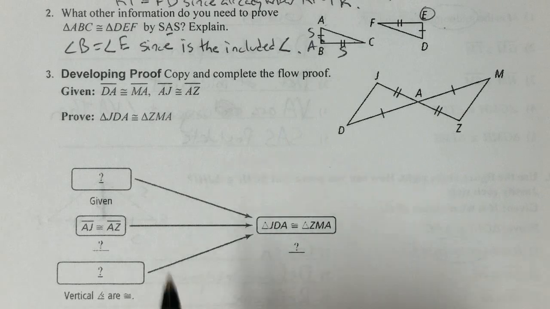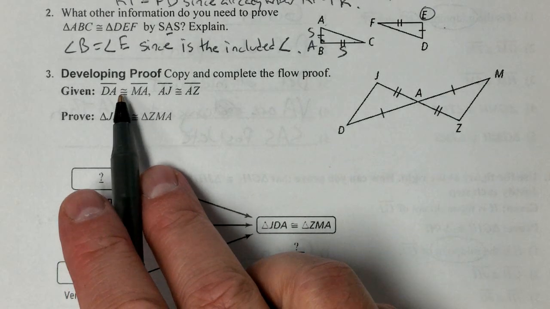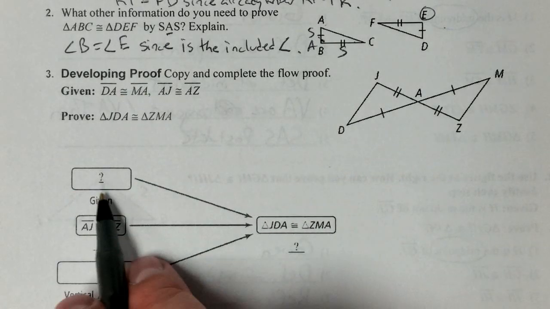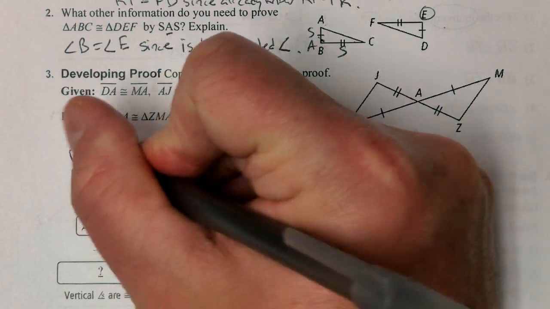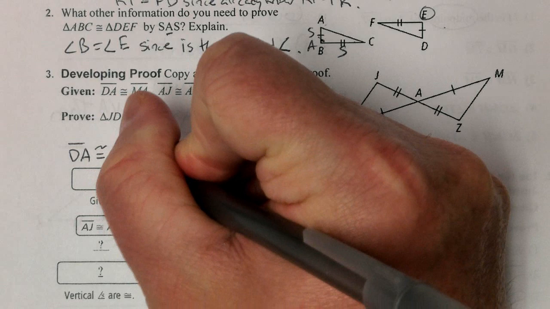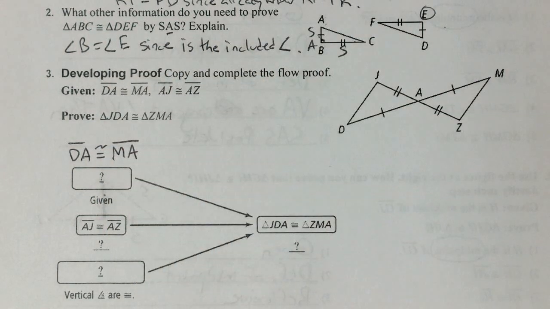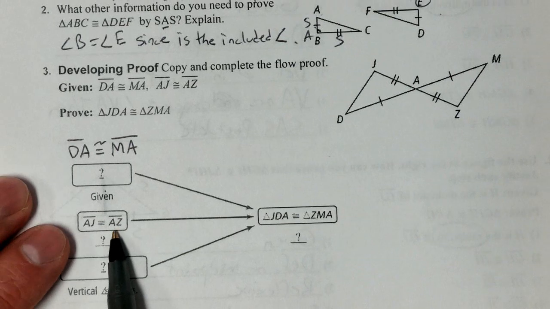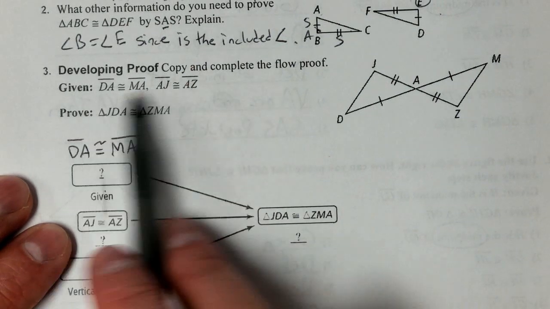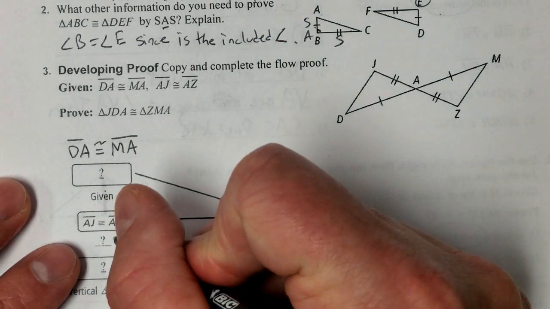Okay, so for number 3, this says given DA congruent to MA, so that's what we're going to put here. And here it says AJ congruent to AZ, which is also in the given part. So we just put given.